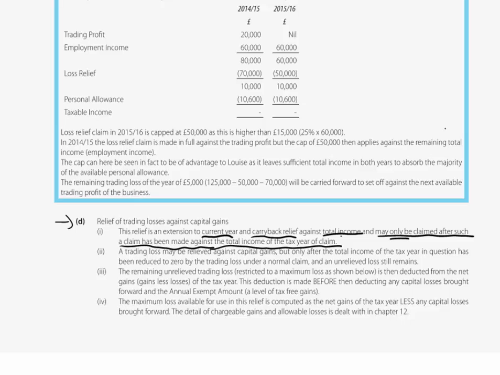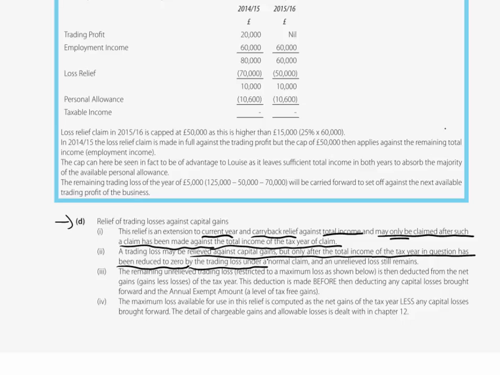Now that loss that remains can then be relieved against capital gains, but as we've said, only after the total income of the tax year in question has been reduced to zero by the trading loss. Well, I say reduced to zero, obviously having just seen the cap applying.